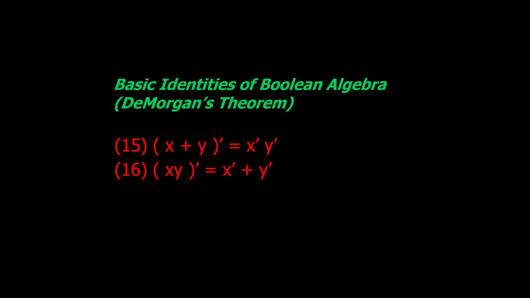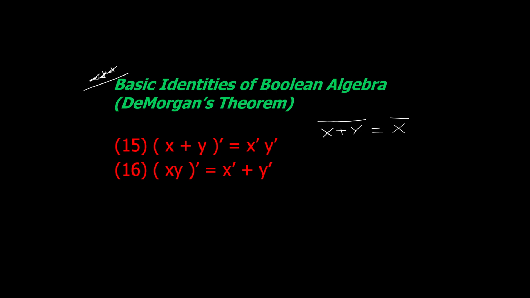Let's remember this. Now, again very important, De Morgan's theorem. It states that if you have the complement of two terms, you can write x plus y whole bar. You will get the result x bar.